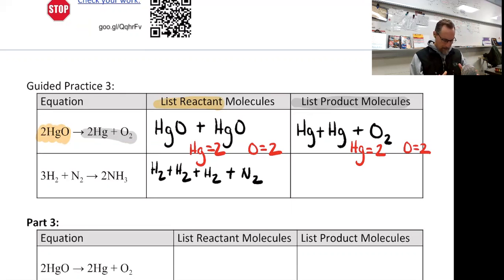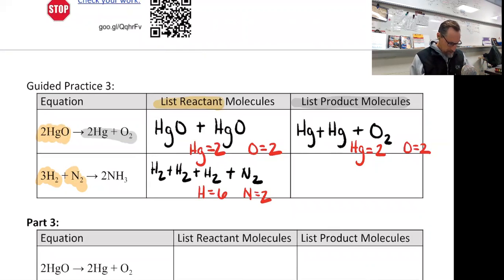So that 3 in front of the hydrogen in this reactant does not apply to the nitrogen because of that plus sign. That plus sign stops that from applying to all of that. So if I want to do like I did in the previous example and count the total number on the reactant side, my hydrogens are going to be 6 and my nitrogens are going to be 2.